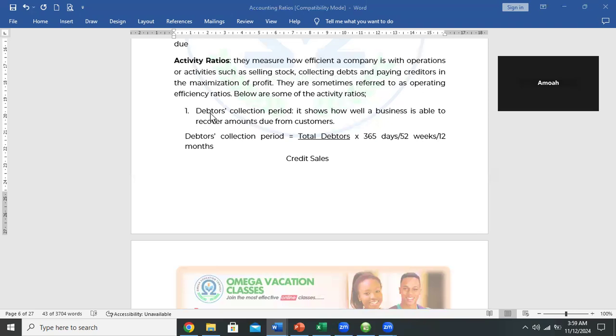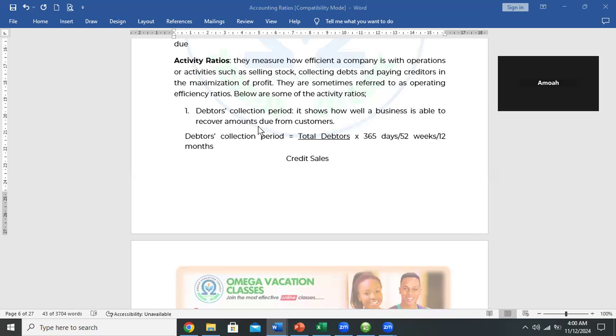This is even practical in our daily lives. If your friends are owing you and you are not able to collect your debt, I'm sure you go bankrupt, right? So it's important that a business measures its debtors collection period. So you say it shows how well a business is able to recover amounts due from customers, right?